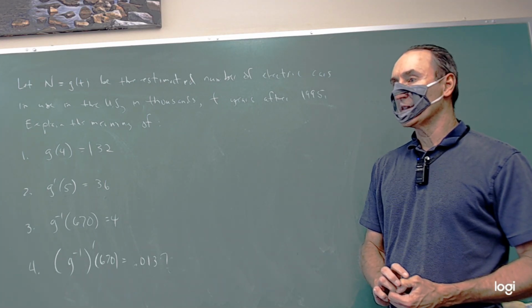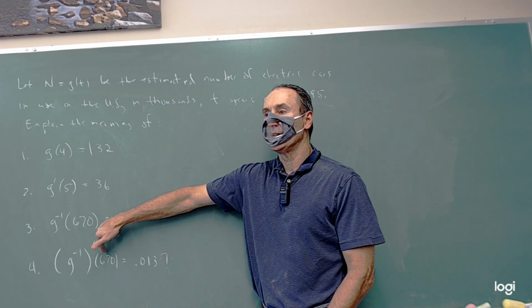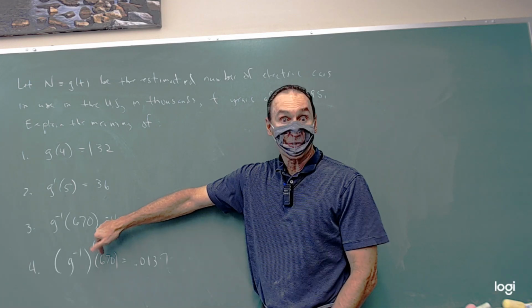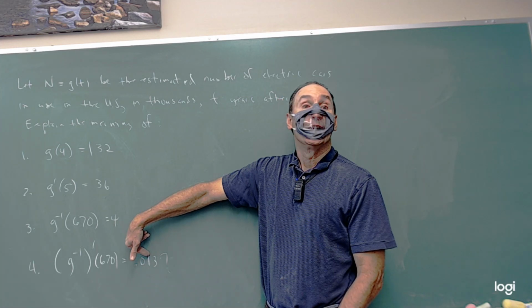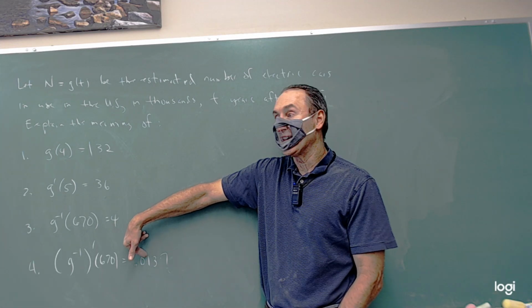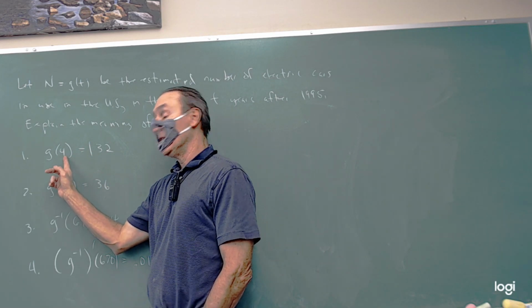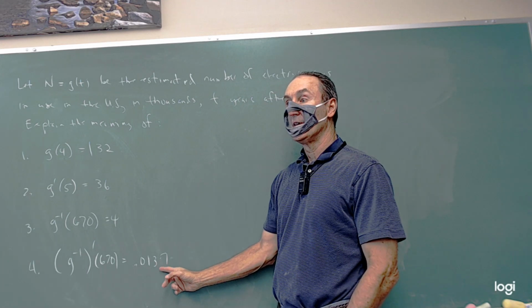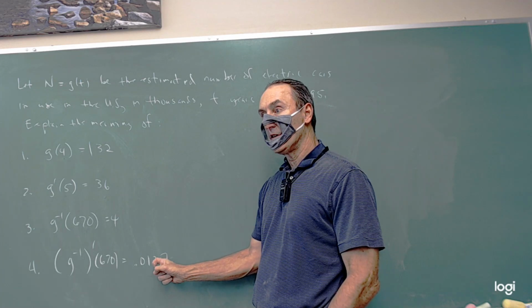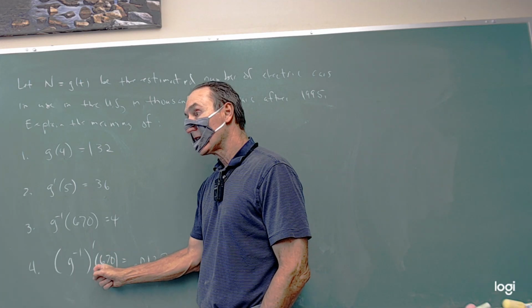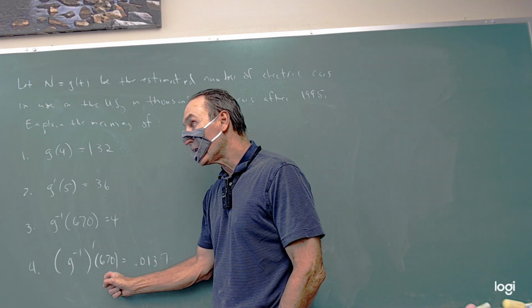Keep track of units. So what units are you inputting here? Thousands of cars. And what are you outputting? What are we inputting onto the original function? What are we outputting on the inverse? Okay, so it's going to be a rate of change in, this is weird, years per car.